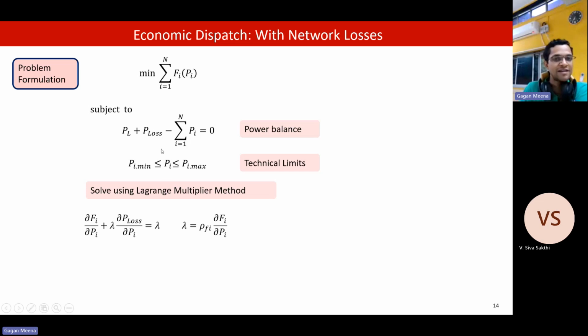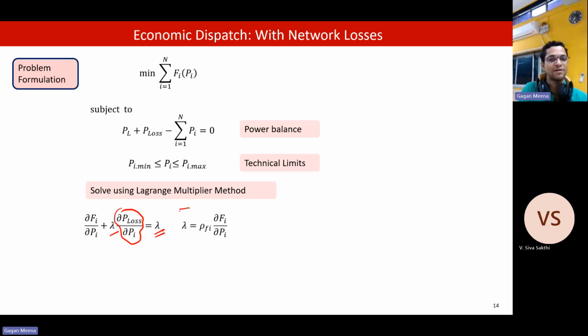Again, we can write the Lagrange multiplier for this and we find that the equation is like this. ∂f_i/∂P_i plus lambda into this incremental loss for the ith generator is equal to lambda.